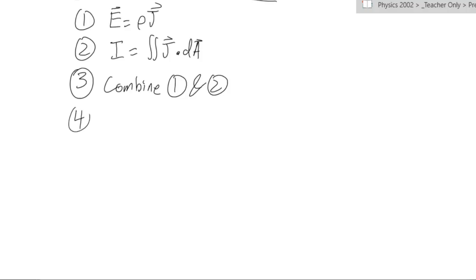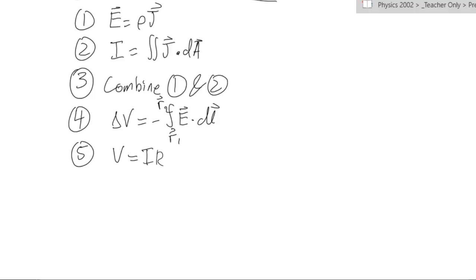And we can say that the difference in electric potential, delta V, is going to be equal to the negative integral of E dot dl from r vector 1 to r vector 2. And the last thing that we can do is we have the macroscopic form of Ohm's law. So V is equal to IR, or R is going to be the ratio of the magnitude of delta V to I.